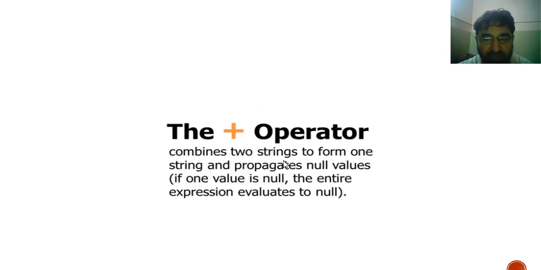And we can also use the plus operator, and the plus operator goes one step further, combining two strings to form one string and propagating null values. If one value is null, the entire expression evaluates to null. So let us practice the ampersand and the plus operator to concatenate by using the text functions.